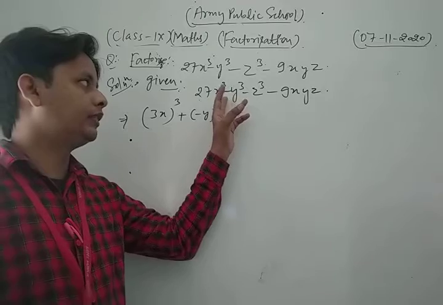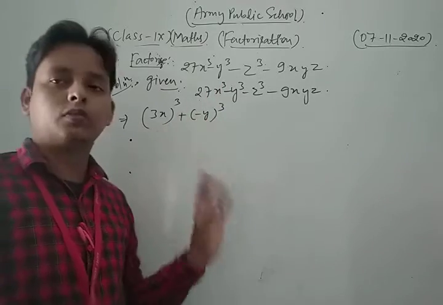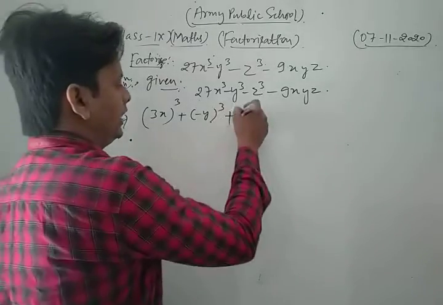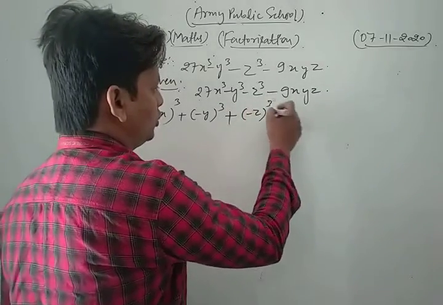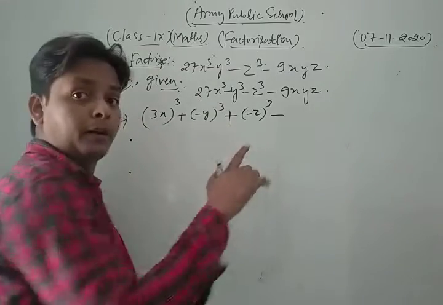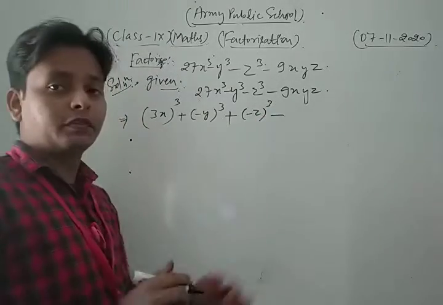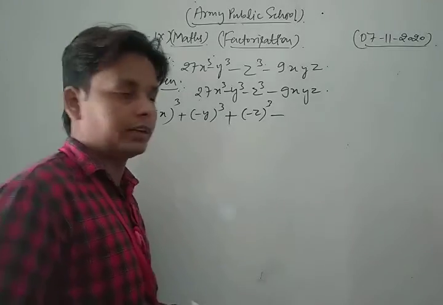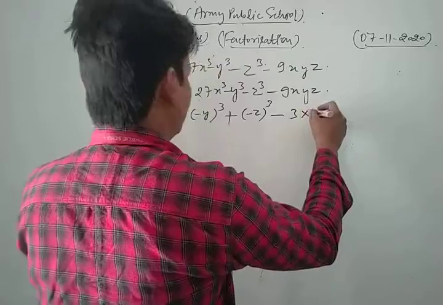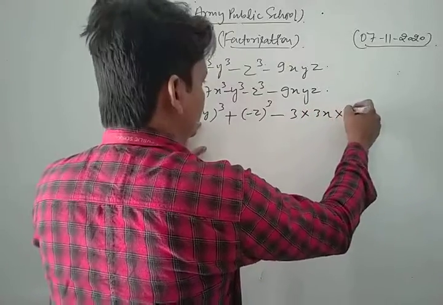So we can write minus y cube as plus minus y whole cube. Similarly here we write plus minus z whole cube. Now this is the form of a cube plus b cube plus c cube minus 3abc, because 9 has a factor of 3. Now 3 into a means 3x, b means what?